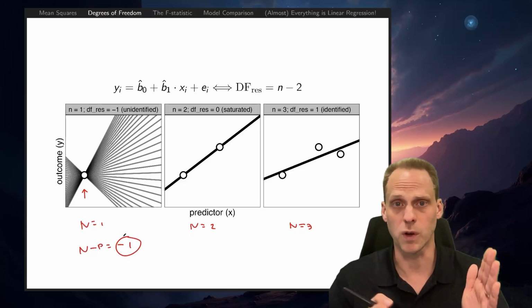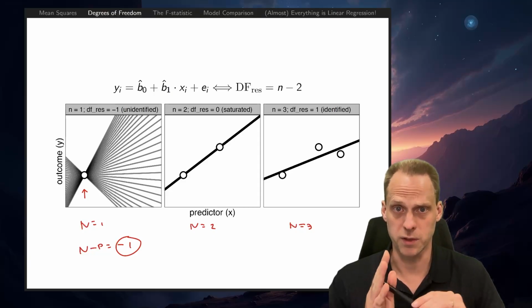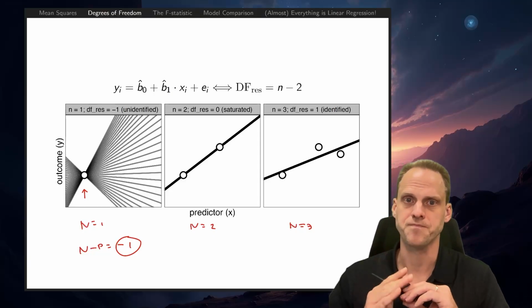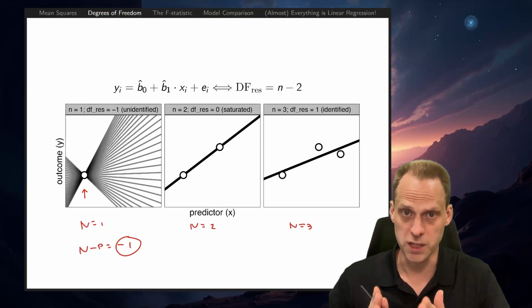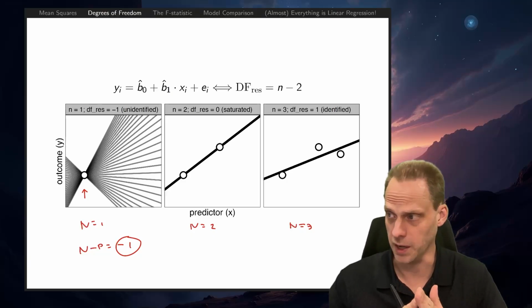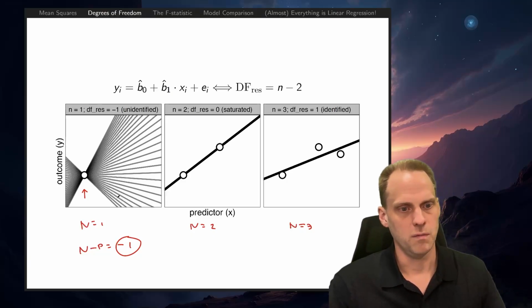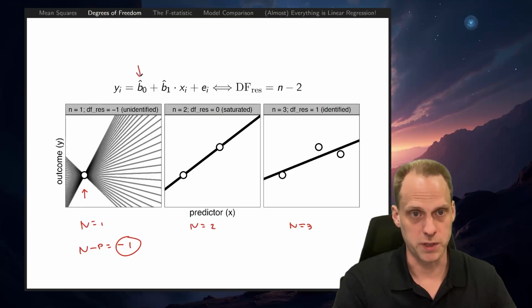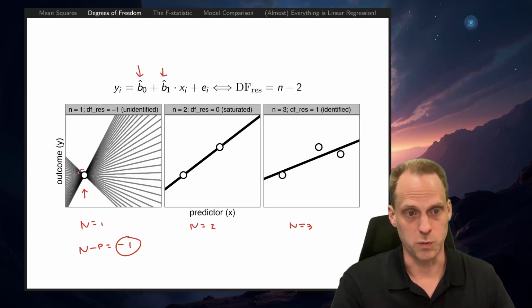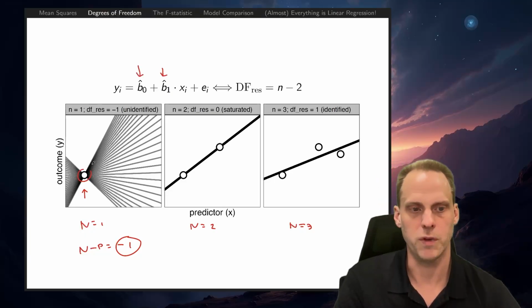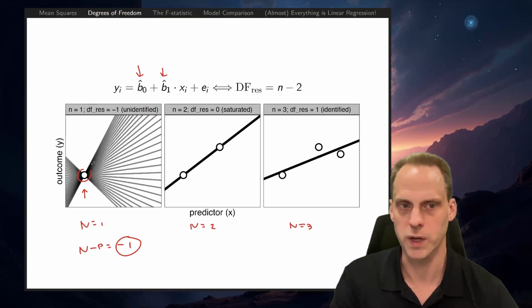Now you never want to have negative degrees of freedom. It means you have insufficient information to make any claim. In this case, we want to draw a line with 2 parameters to reproduce 1 data point. And we can do that in an infinite number of ways.